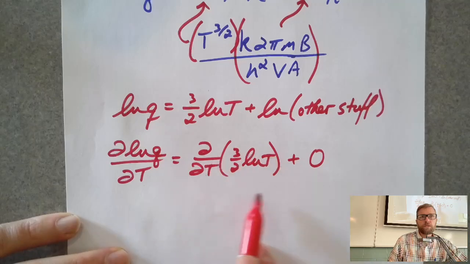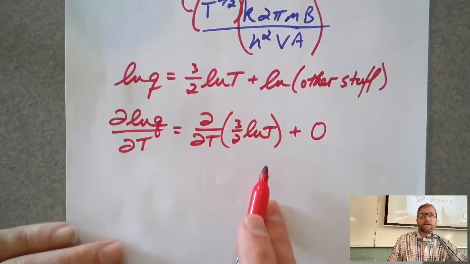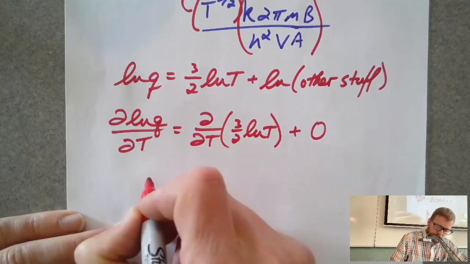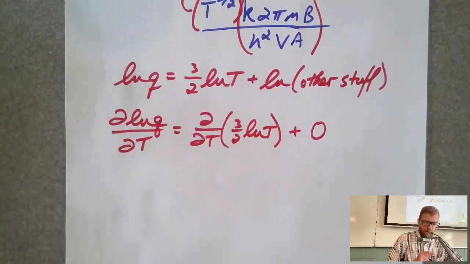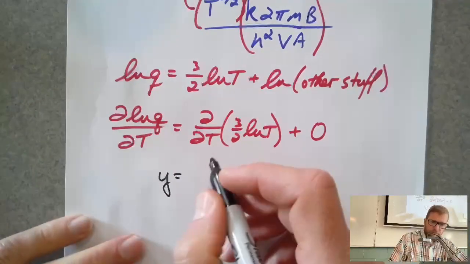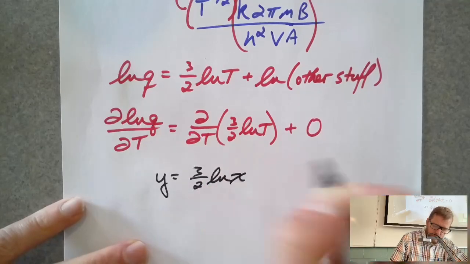Are you stuck on this part too? Like, how do I actually take the derivative of that? Let's write it in more familiar notation. Let y equal 3/2 ln of x.